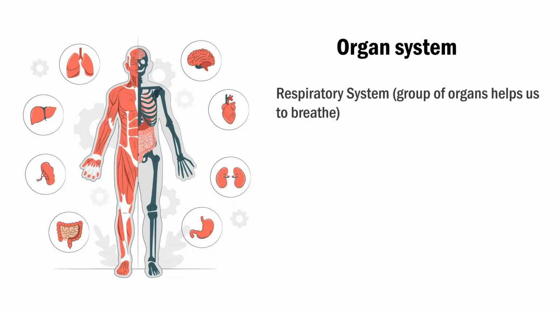After that, we have the respiratory system, which consists of a group of organs like windpipe and lungs that help us to breathe. The respiratory system is also responsible for oxygenation of blood by taking out carbon dioxide.